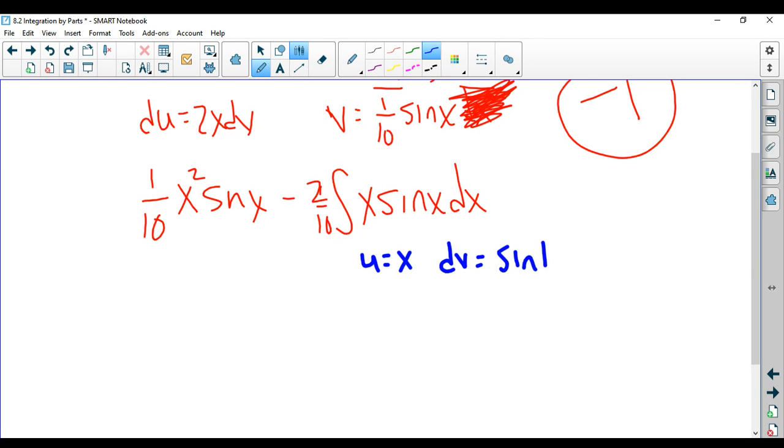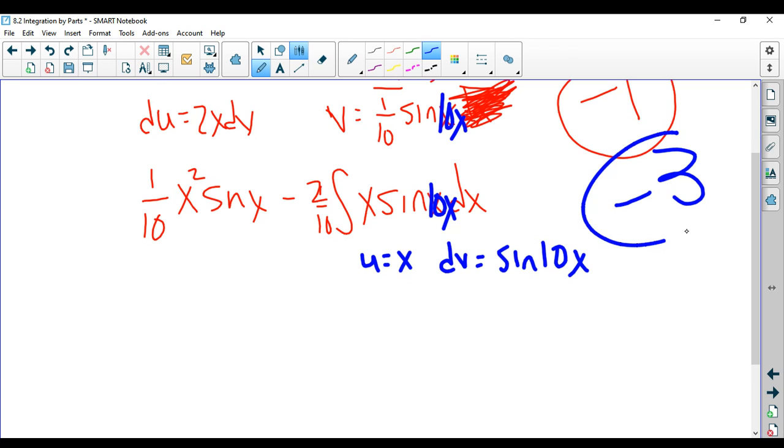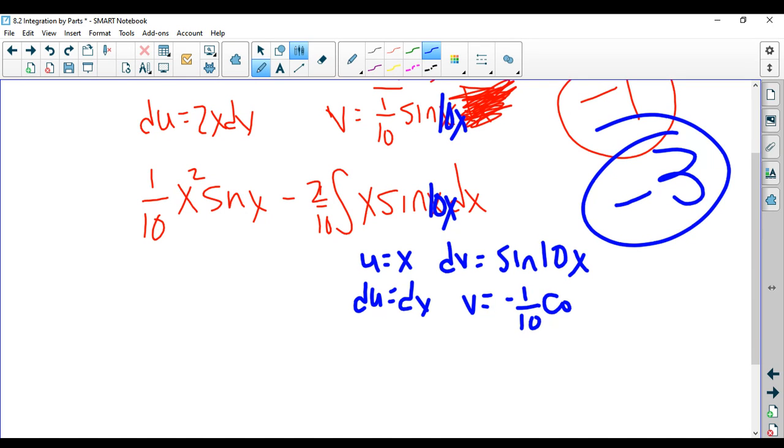There's another mistake. It's a horrible mistake. I did it up here. So du is dx, and v is the integral of sine, which is negative cosine, so negative 1/10 cosine of 10x.